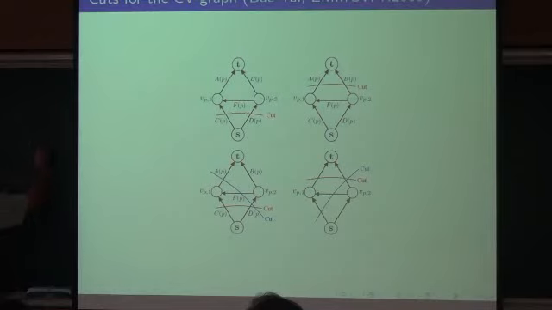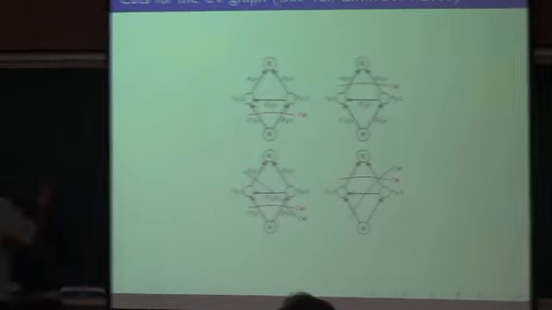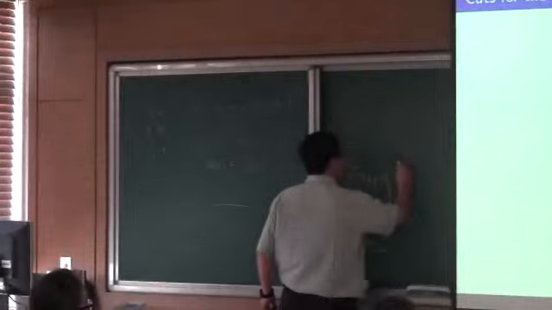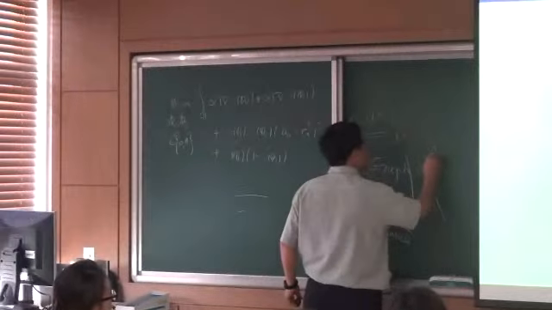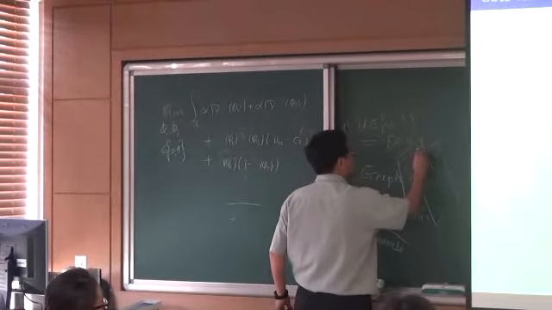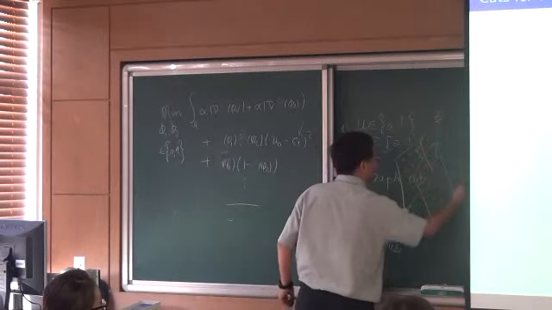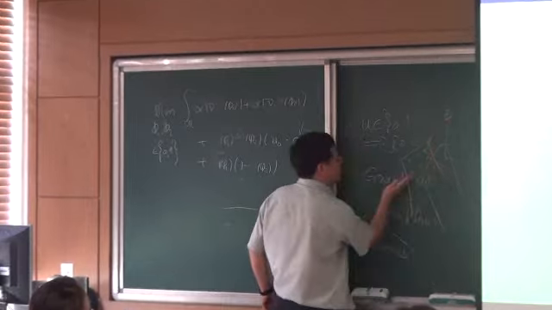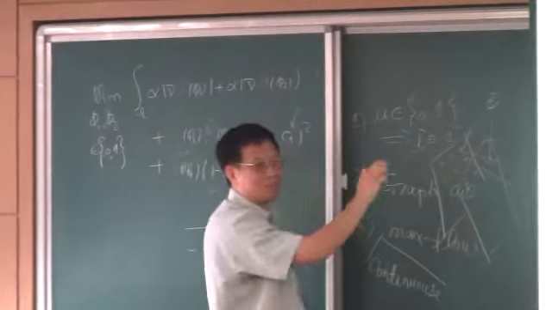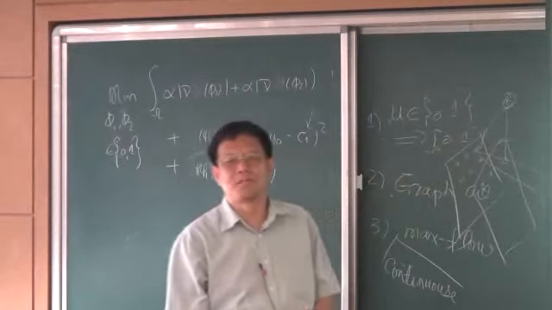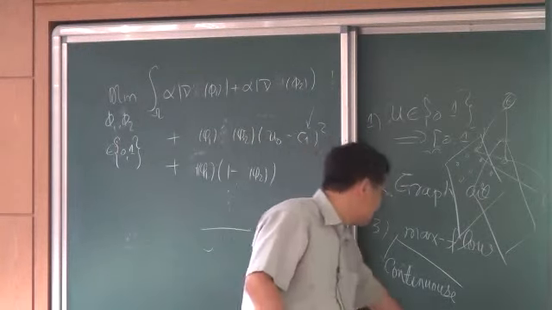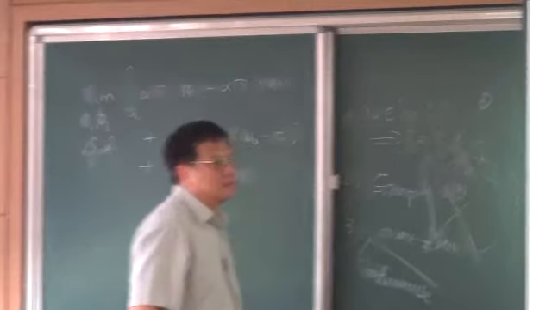You copy it once to here, and then you have all the pixels here. So this pixel should be connected, and then you connect it to T. You also connect both to S. And then if there is a cut, it must cut this one with one of those 4 options. Now we call this graph the CV graph.